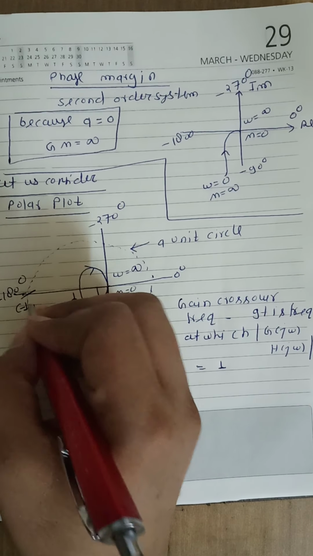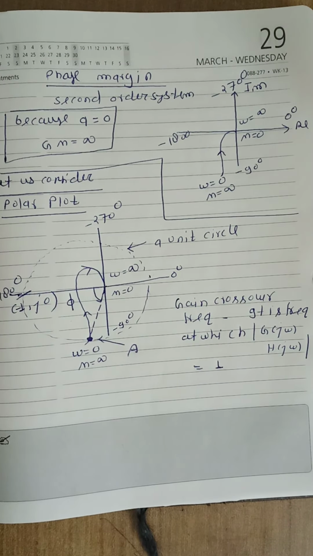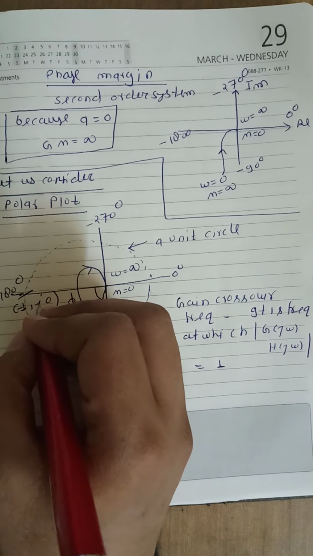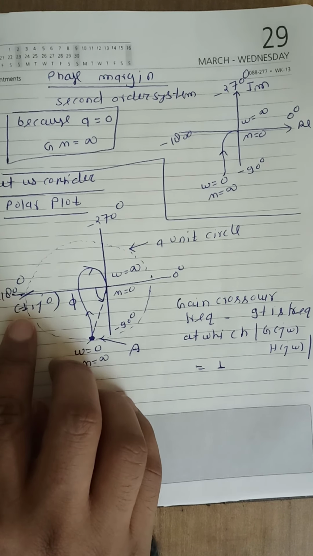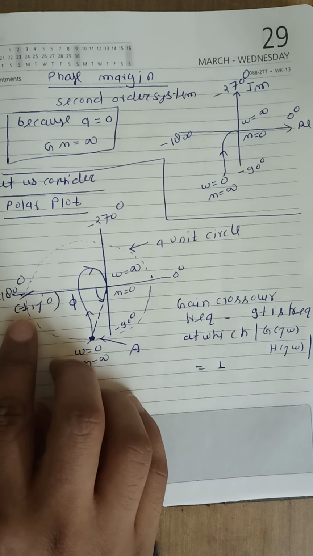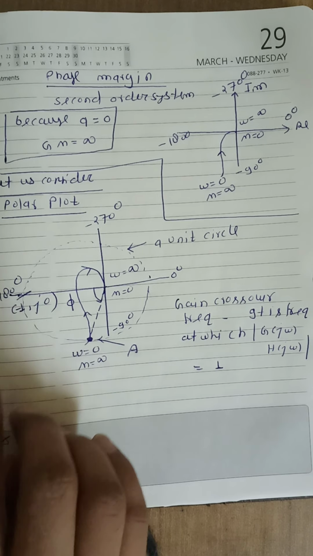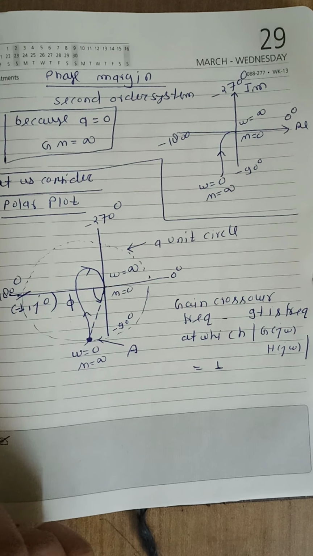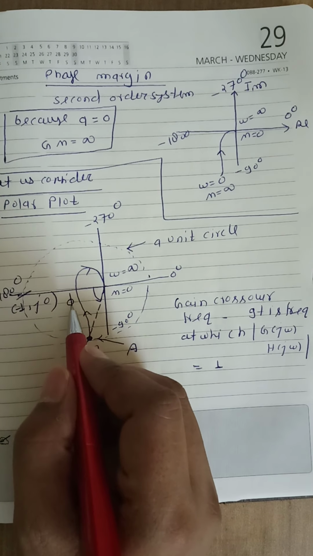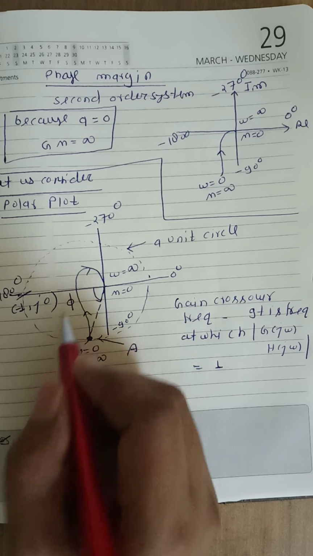This will define the minus 1 j0 point or critical point. So what will happen at this point? It will drive the system to the edge of instability. This additional phase lag is known as phase margin.